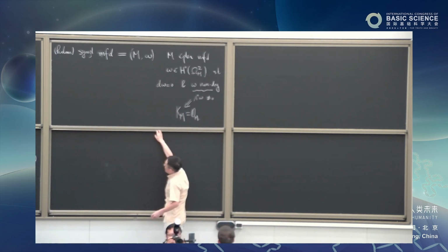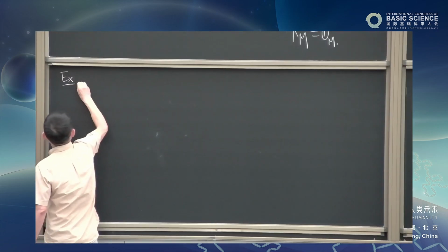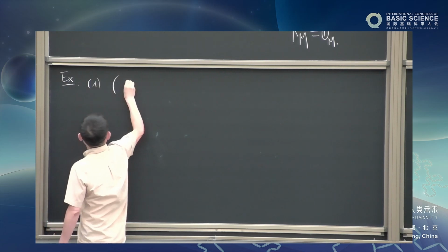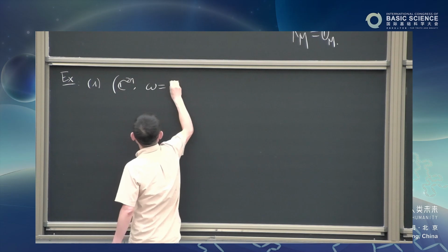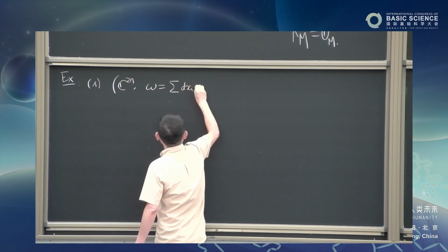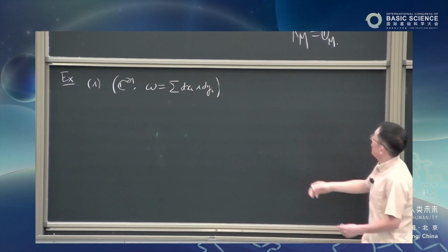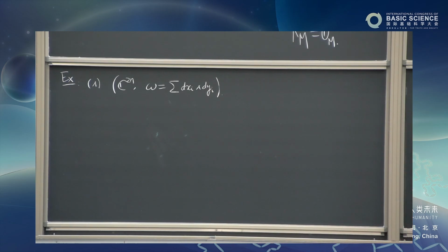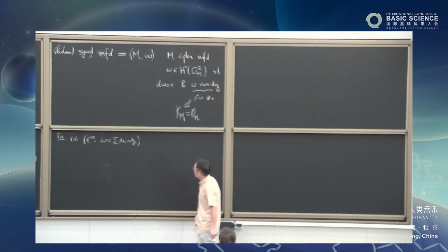Let me start with some baby examples. Example one is just the classic one. If you take an even dimensional vector space, and then you take omega, just the usual 2-form, this can be easily checked to be d-closed and also non-degenerate. So this gives you a very simple example.